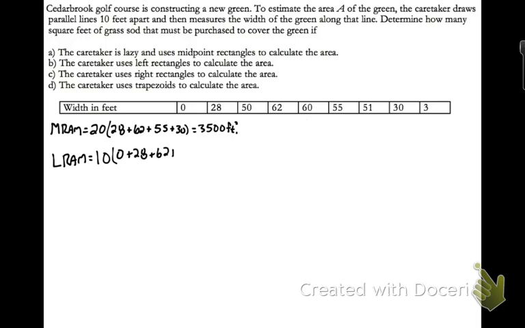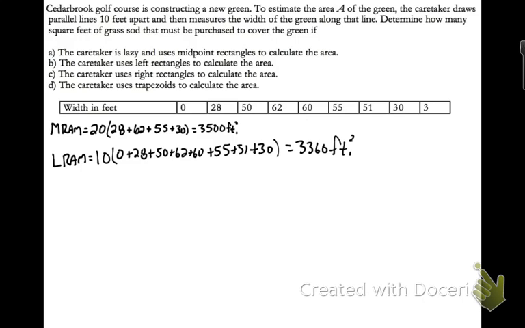Oops, skip some. 50 plus 62 plus 60 plus 55 plus 51 plus 30, and he's not going to use 3 because that would be on the right hand side of that last rectangle. And so if he uses this method, then his approximation is 3,360 square feet.